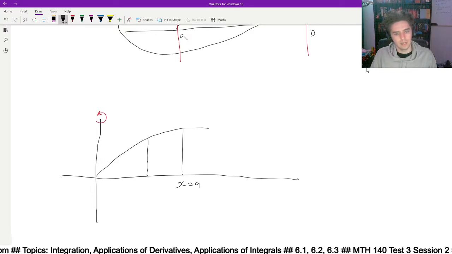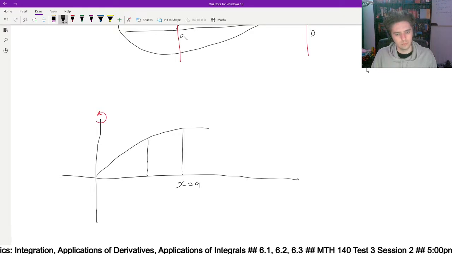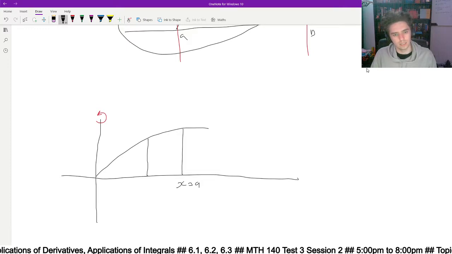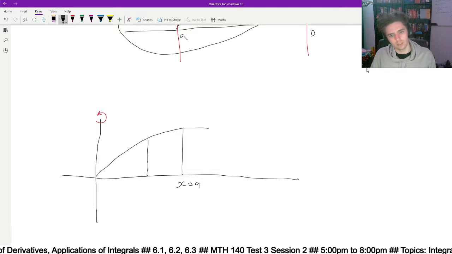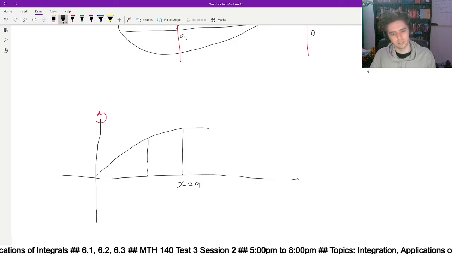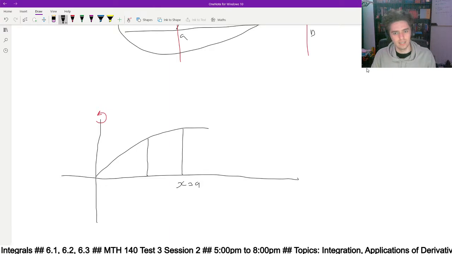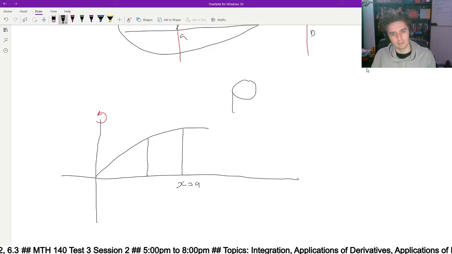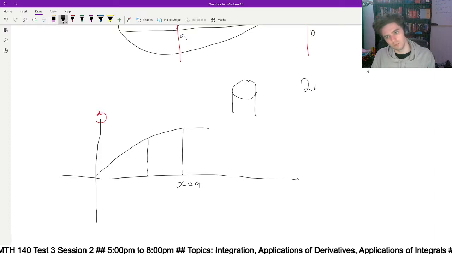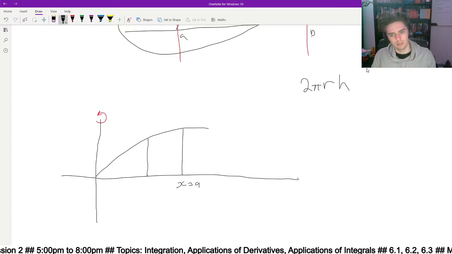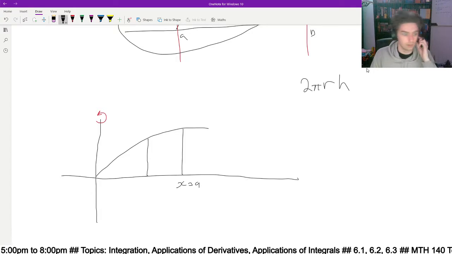What would the height and what would the radius of that cylindrical shell be? The height would be the value of the function. First of all, the surface area of a cylindrical shell is the circumference times the height. So 2 pi r h is the surface area of the cylindrical shell.